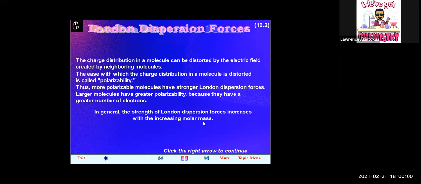Just remember that the strength of London dispersion forces increases with increased molar mass. So you have to take cognizance of the molar mass when you are asked to choose which of these has a stronger effect or the strength of London dispersion forces.